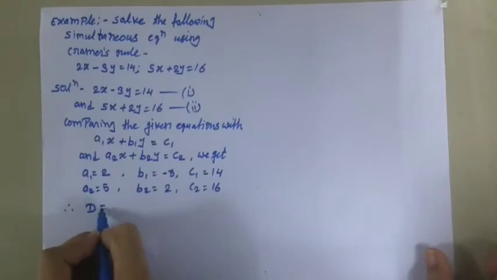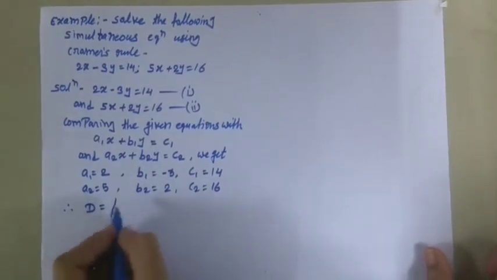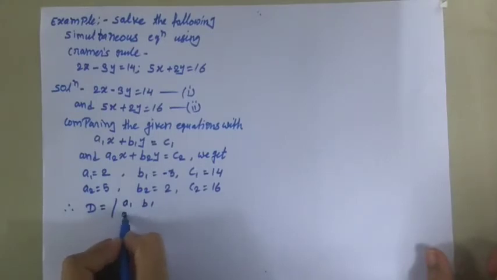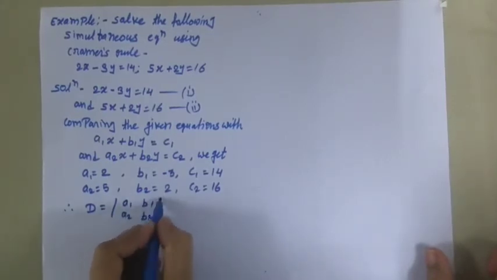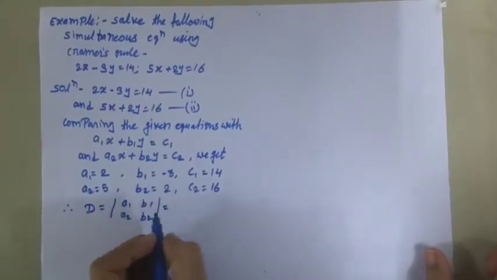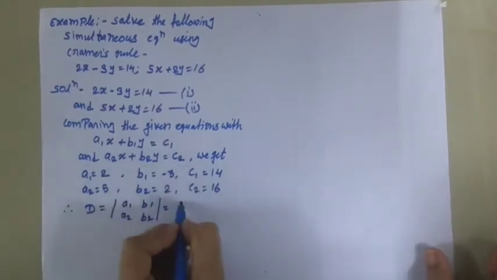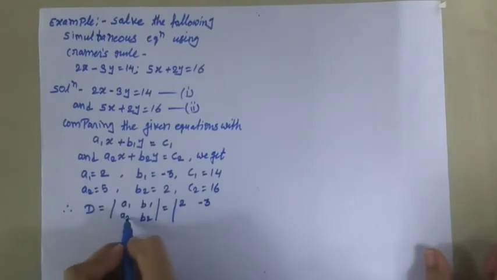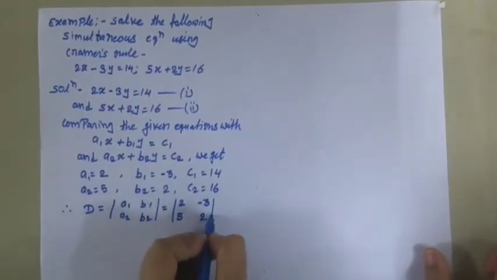Therefore, D equal to determinant A1, B1, A2, B2, where A1 equal to 2, B1 equal to minus 3, A2 equal to 5 and B2 equal to 2.